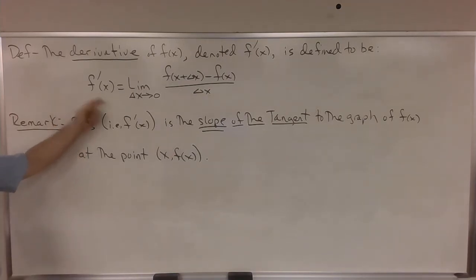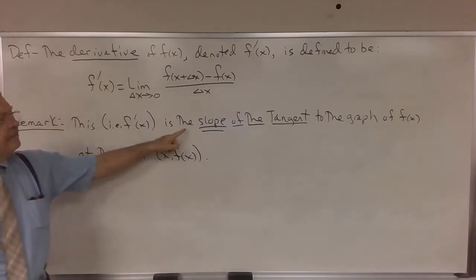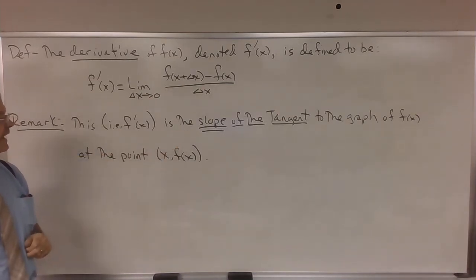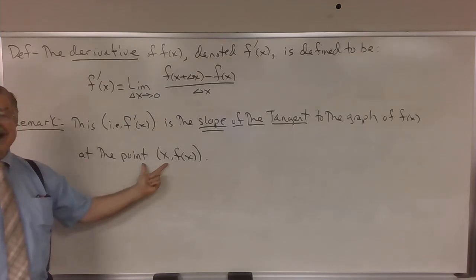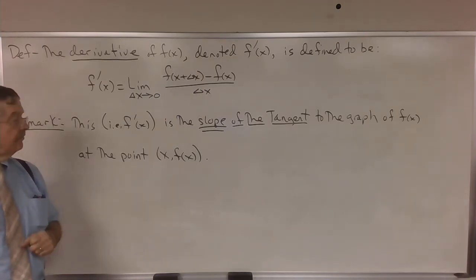So the derivative, this thing, is the slope of the tangent to the graph of f of x at the point x, f of x.